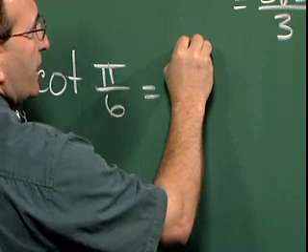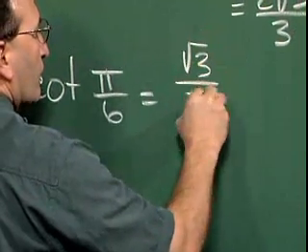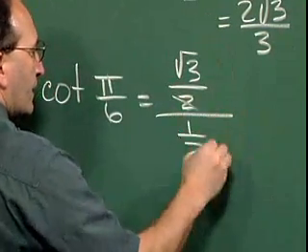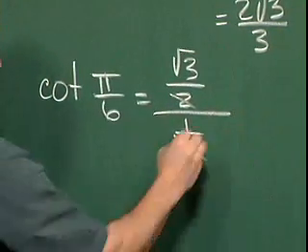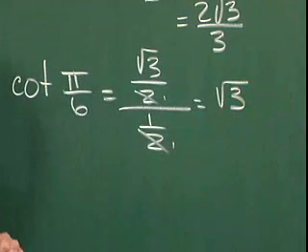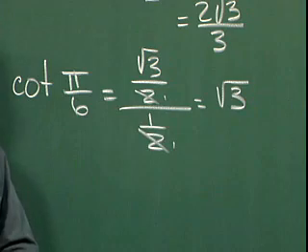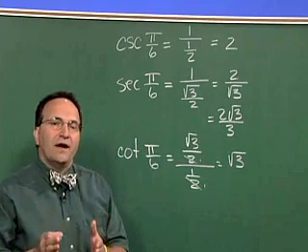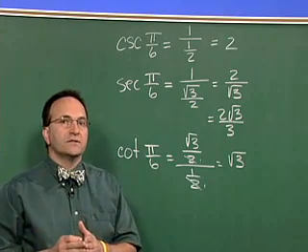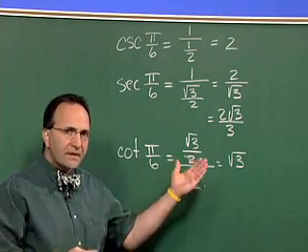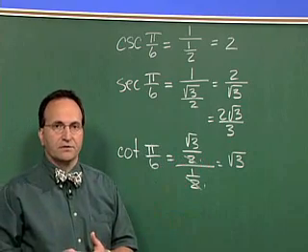X is equal to the square root of 3 over 2, and y is equal to 1/2. I can cancel out my 2's and that leaves me with square root of 3 over 1, which of course is just the square root of 3. All right, that's how you find the 6 trig functions using the new circular definitions of, in this case, one of the special angles.